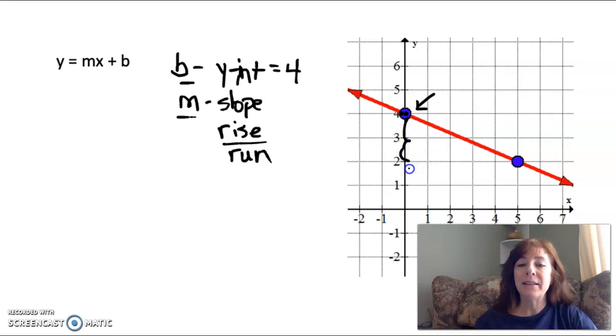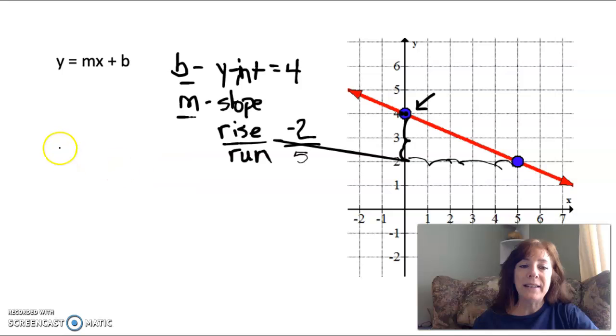Our rise is down 2, and remember that down is a negative value, and our run is left and right. Our run would go 1, 2, 3, 4, and 5. We have to go 5 to the right. Right is positive, and so our run is 5. Now we can see that our slope is negative 2/5.